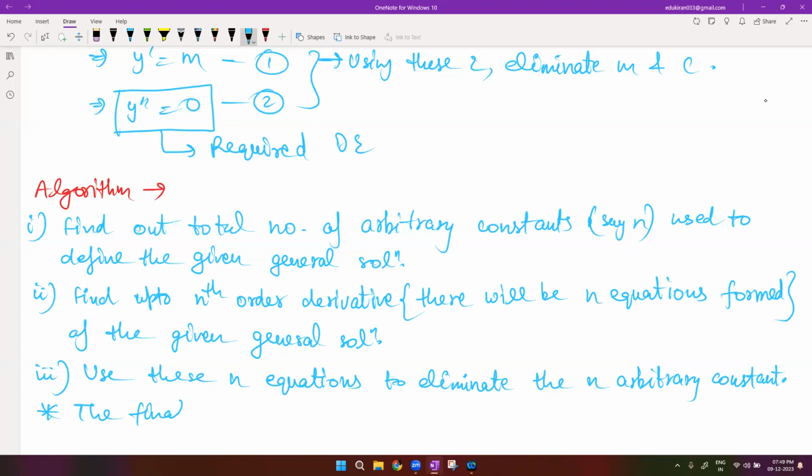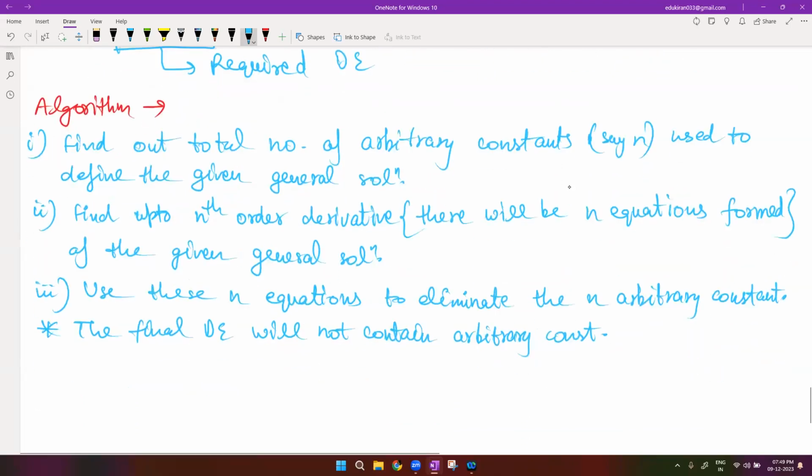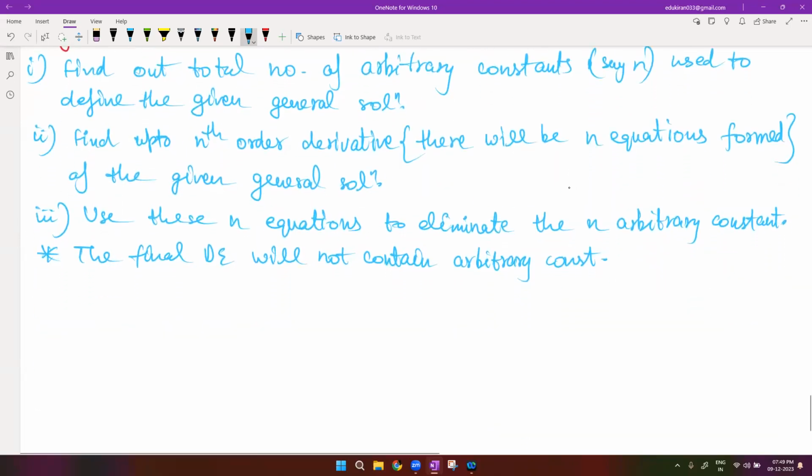The final differential equation, this is an important point, will not contain arbitrary constants. All the arbitrary constants must be eliminated using these derivatives. Right? So this is the basic algorithm. Let's try to use this algorithm on a few examples.